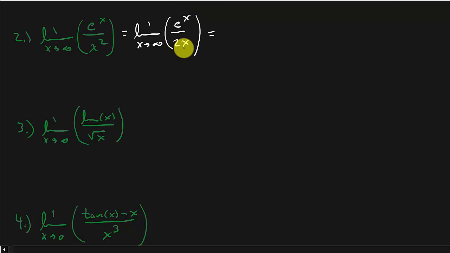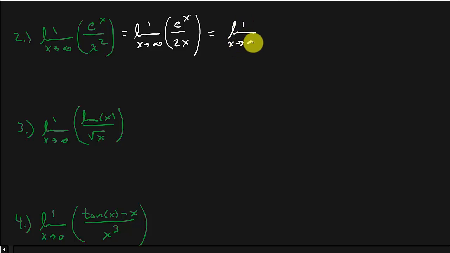And let's look at the denominator. As x gets larger and larger, 2 times a really, really big number is another really big number. So the denominator is going to infinity also. So we still have infinity over infinity, so I can apply L'Hopital's rule again.